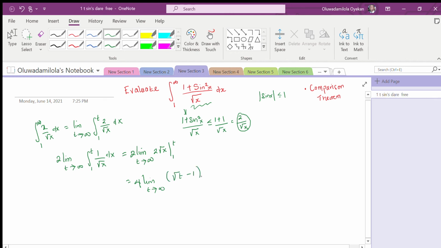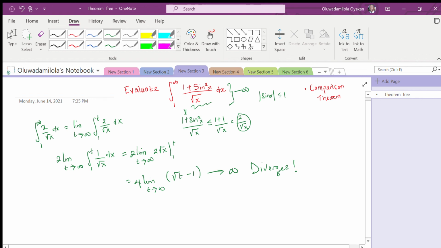If you substitute our t here, we can see that everything goes to infinity. So that tells us that our original integral goes to infinity, and that implies it diverges.